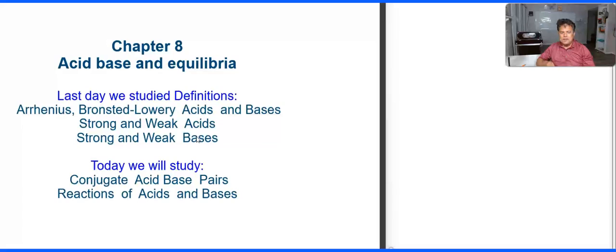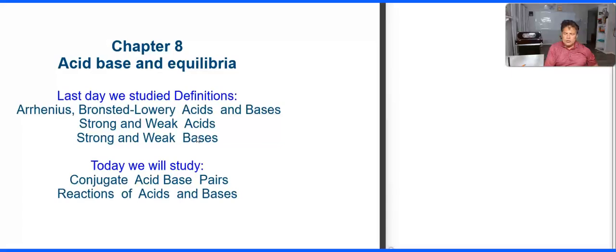Okay, guys. So far, in the last lecture, we have studied the definitions of acid and bases, Bronsted-Lowry, Arrhenius, etc. We also reached equilibrium, but we touched only a few points on that.